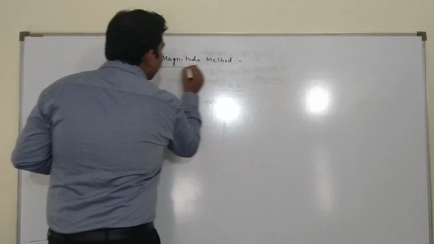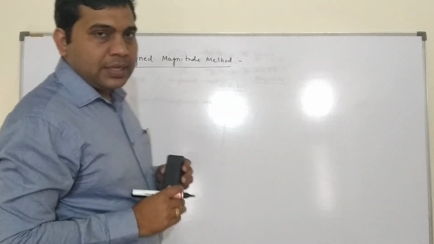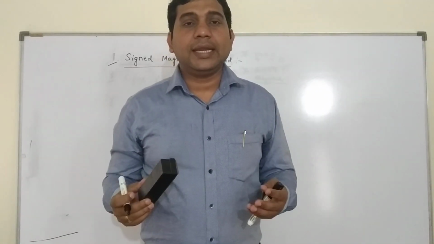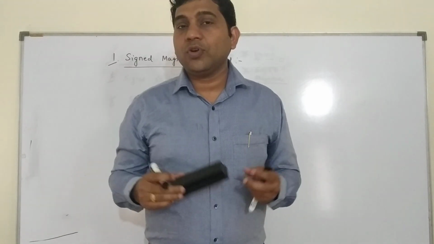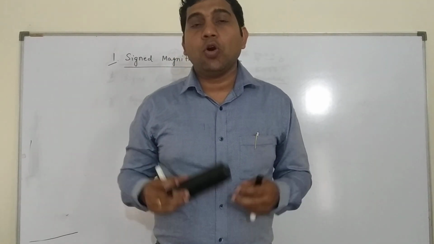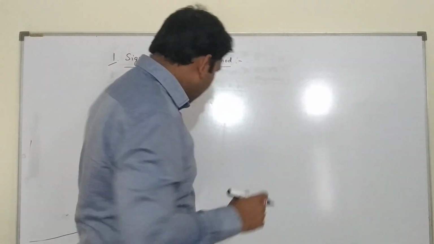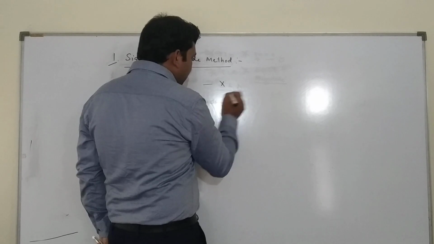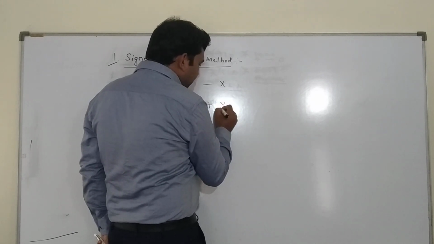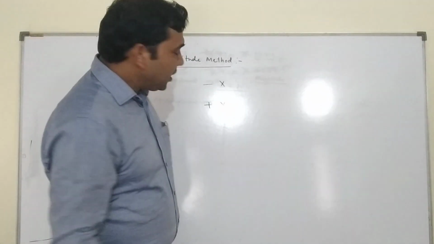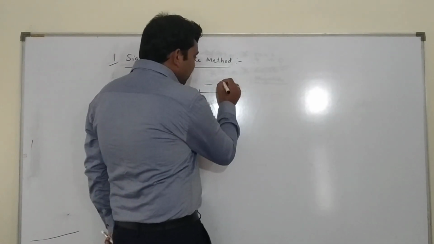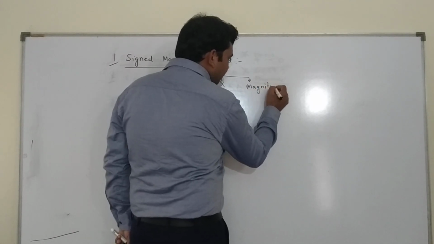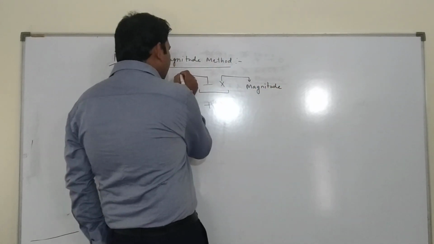Signed magnitude method. This is a method in which, suppose I wanted to write minus 6, minus 8 or anything. Suppose I wanted to write minus x or plus x. How to write that? So in this number, this x represents magnitude and this minus represents the sign.